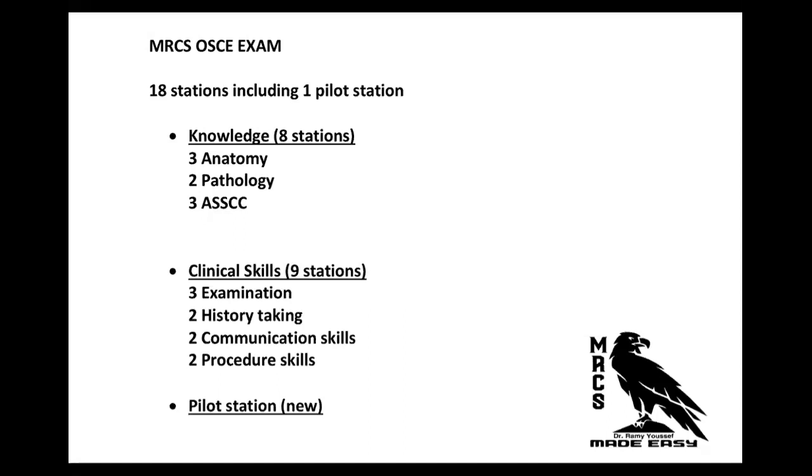It is the same in history taking. You will have 1 minute outside the station to read the stem, and then you will have 6 minutes to take a full complete history from an actor.